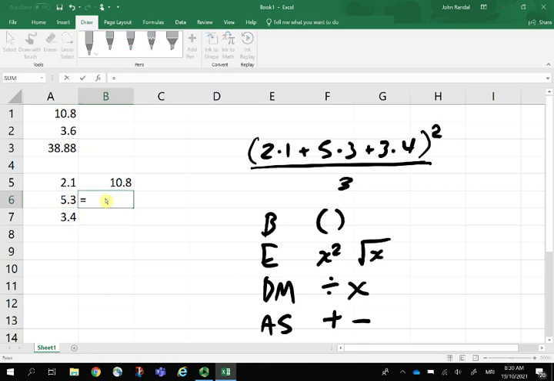The second example, again pointing at the cells and dividing by 3, and again pointing at the cells.